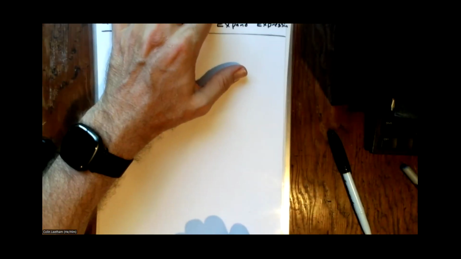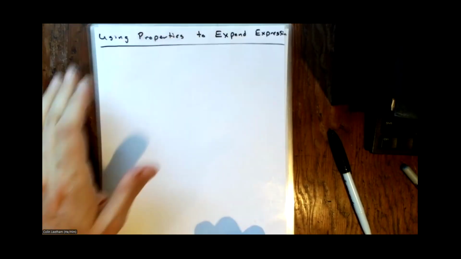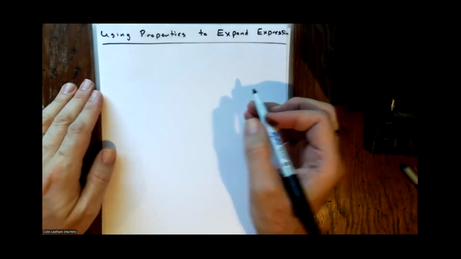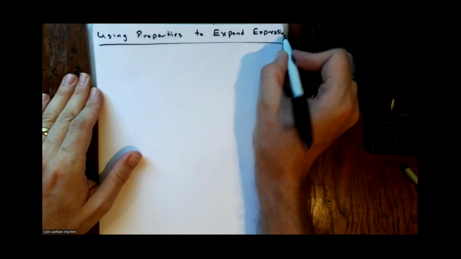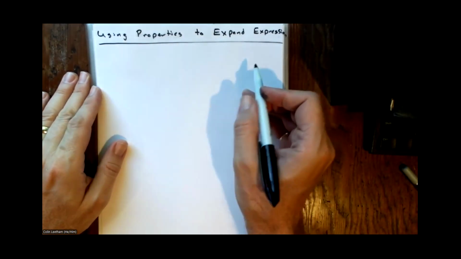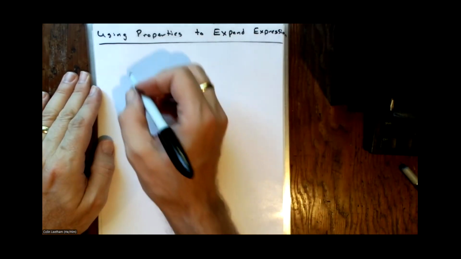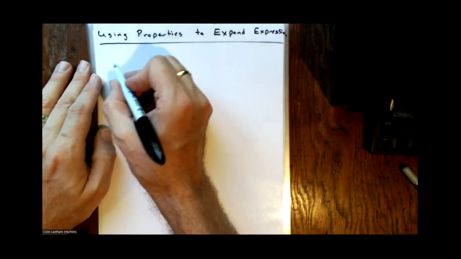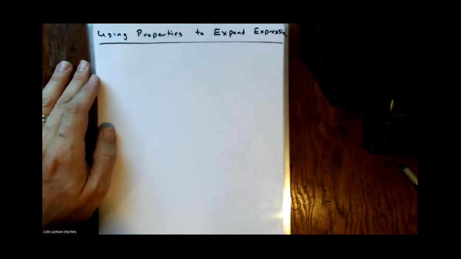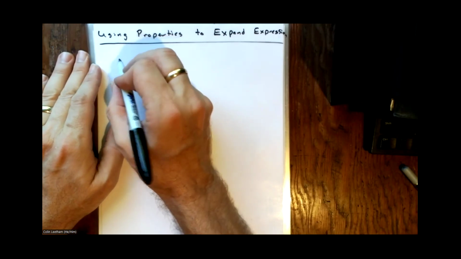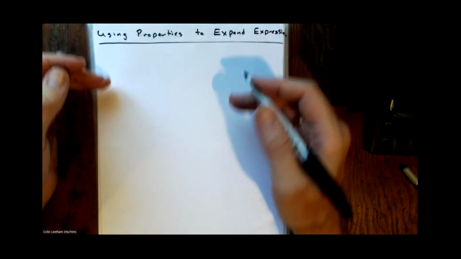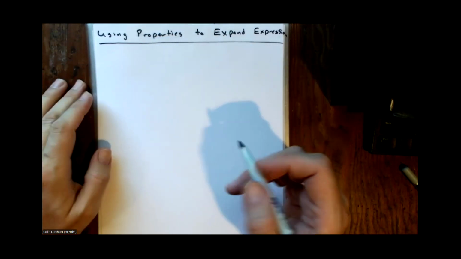So let's talk about using those properties to expand expressions. Let's think about something here. I'll show you an example, and then I'm going to show you my method of looking at this.